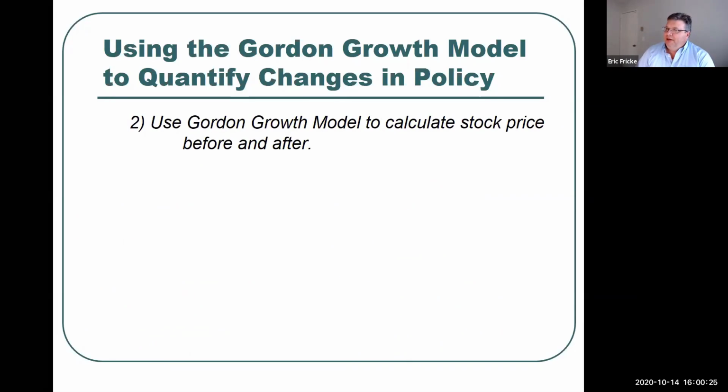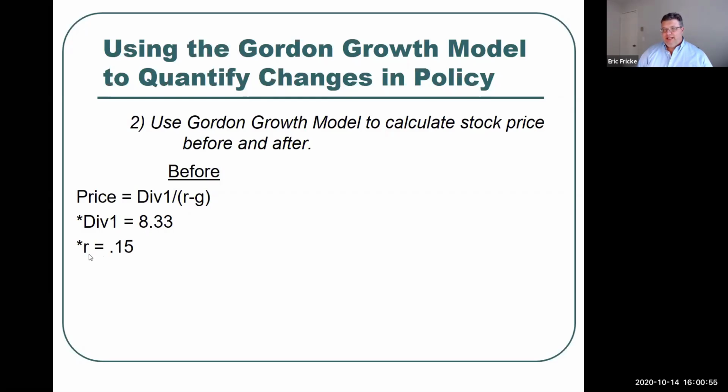Using the Gordon growth model to quantify changes in policies. Let's now calculate the stock price before and after in this situation. So before, we can calculate the stock price using the Gordon growth model. To do that, we take the dividend next year, div at time 1, and divide it by R minus G. We were given the dividend at time 1 of 8.33, and a required return of 15%.